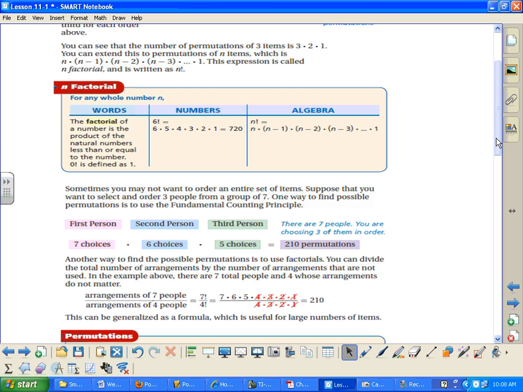Okay, the factorial of a number is the product of all the natural numbers from that one to the ones below it. So if I said 6 factorial, it would be 6 times 5 times 4 times 3 times 2 times 1. In our warm-up, we had 5 factorial, and then we had 7 factorial.